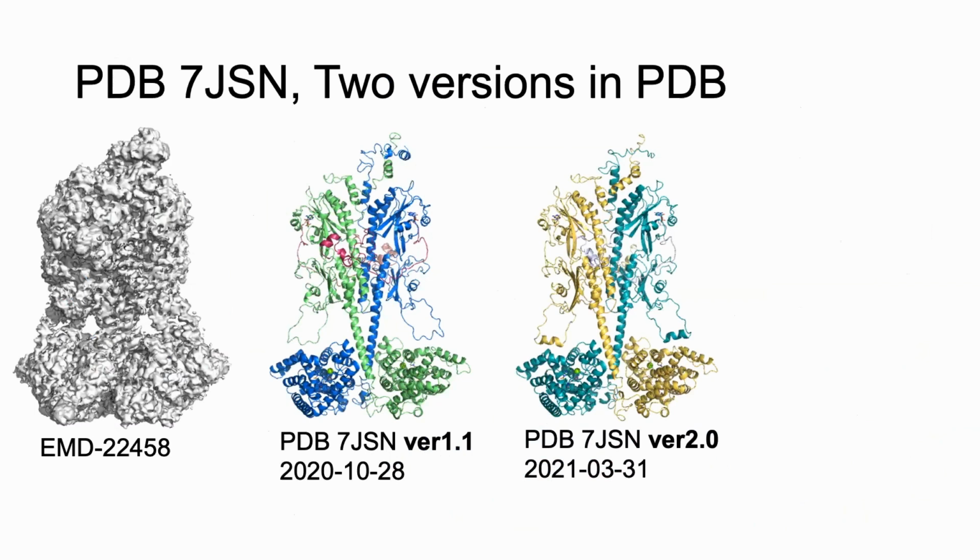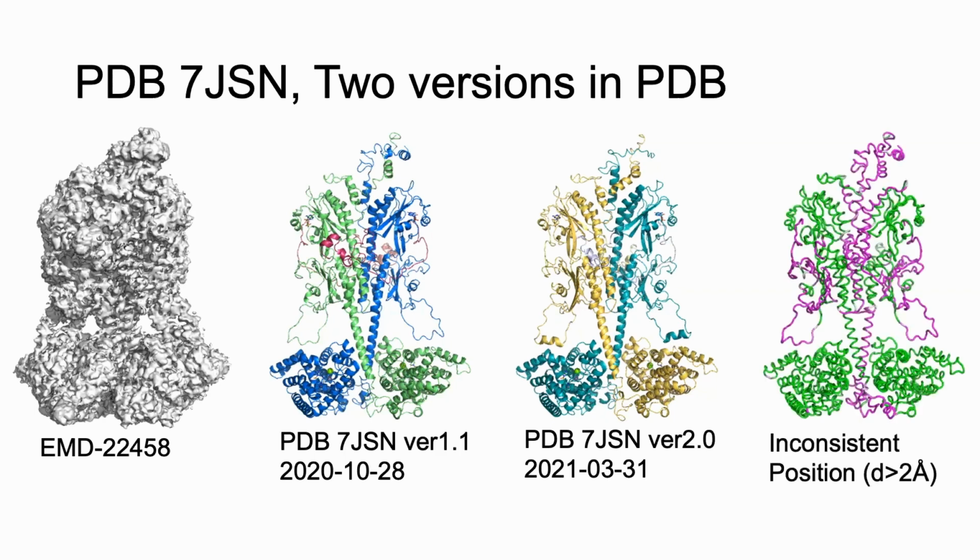The author deposited the atomic model on October 28th, 2020, recorded as version 1.1. But later, in 2021, the author updated the PDB entry. Overall, the structure looks almost identical. In my eyes, I couldn't recognize which parts are different.